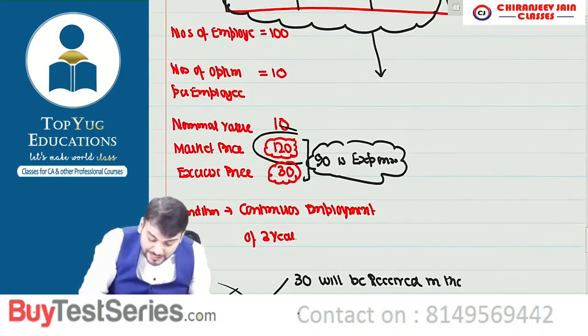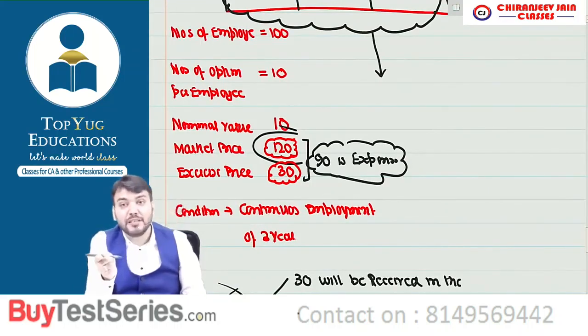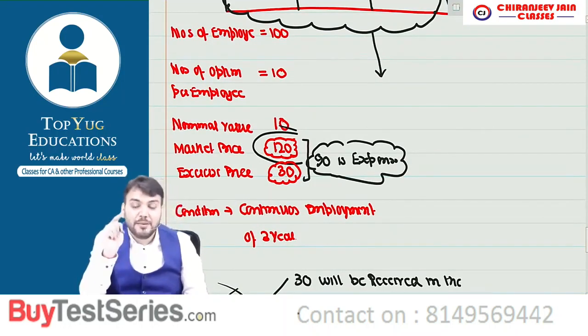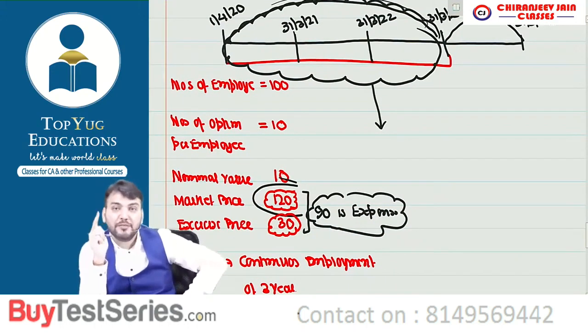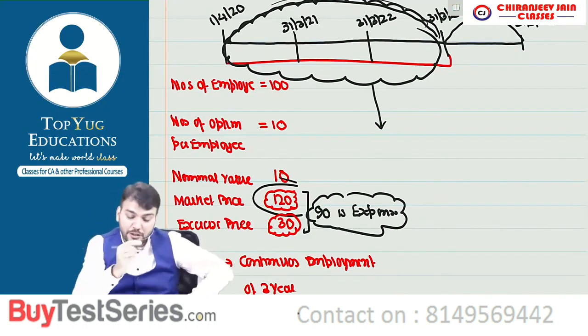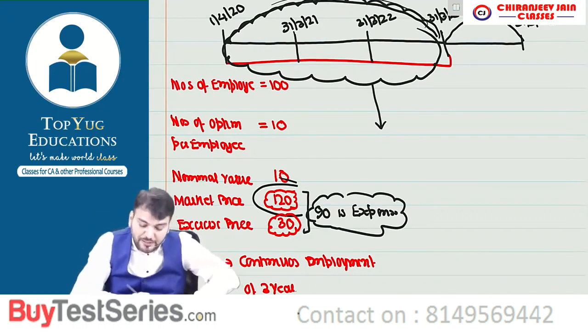So this 90 is an expense which will be recognized in the books of the company. My question to you all: this 90 will be recognized during which period? First year, second year, third year, fourth year, which period? This 90 is an expense. So let us check the total expense.